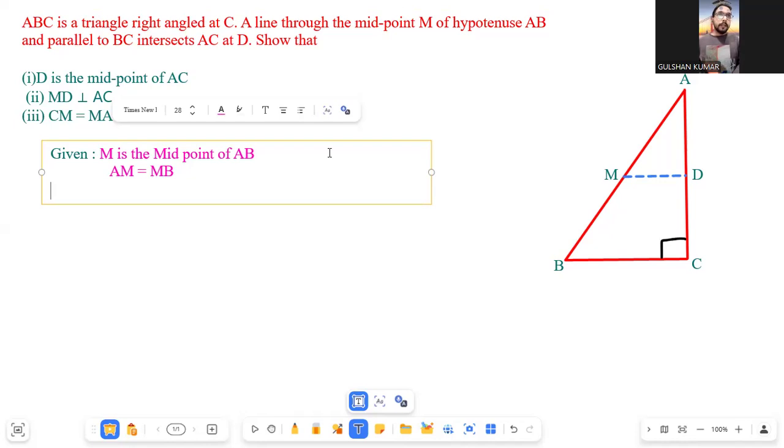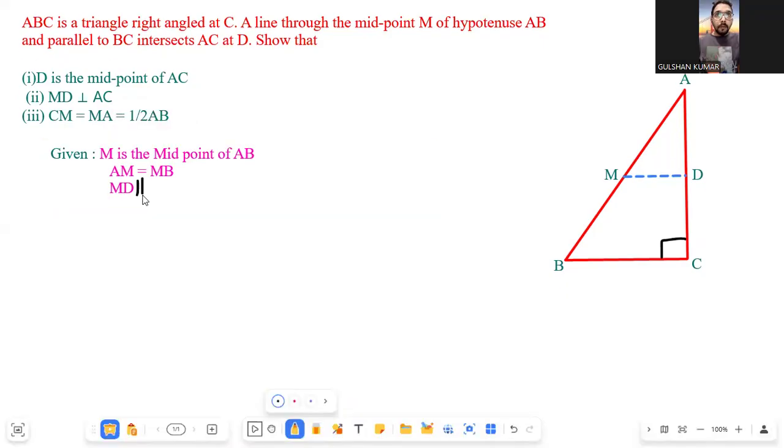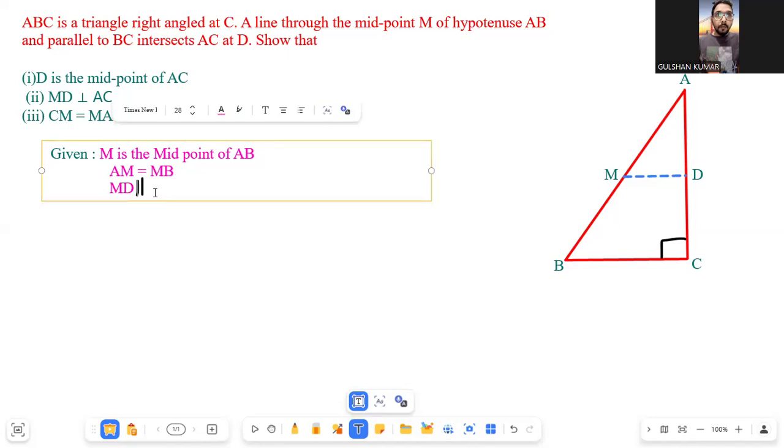Then MD is parallel to BC. Here we have AM equals MB and MD parallel to BC. This is given.